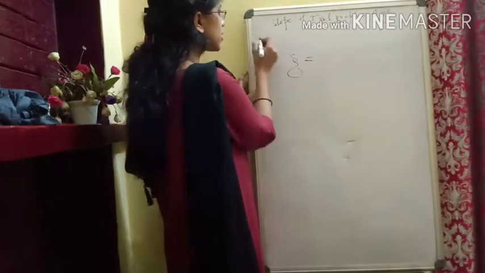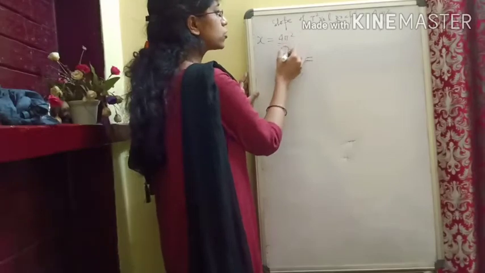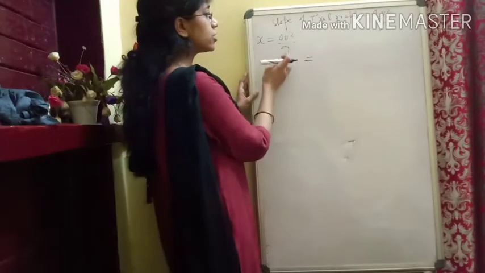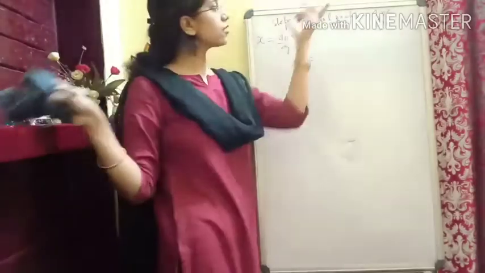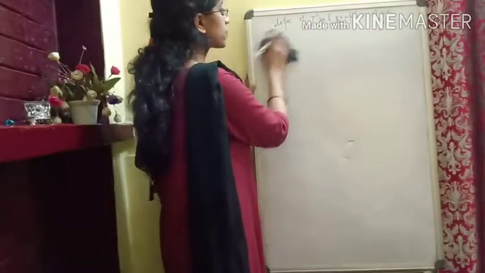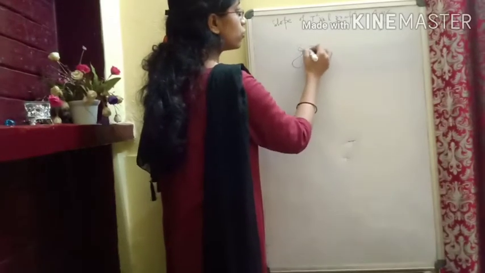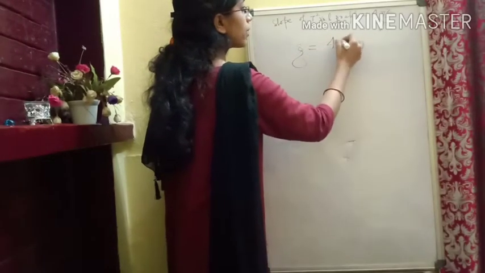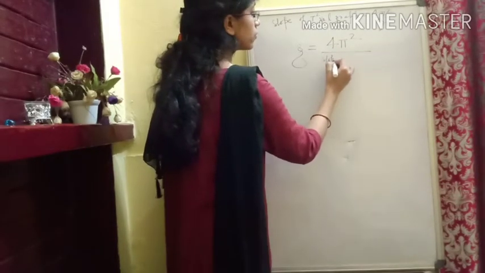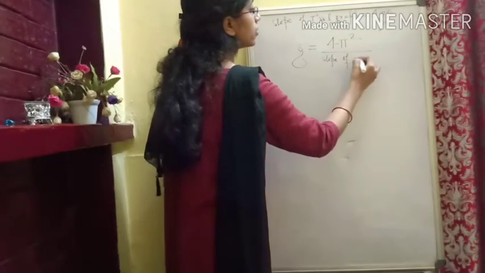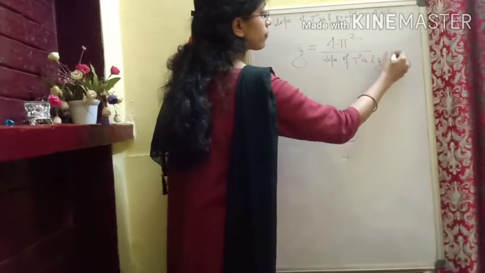It's simple: if x equals 4 pi square upon g, then g can come to the other side and we write x there. I'm taking the left-hand side as one quantity. So g equals 4 pi square upon the slope of the t square versus L graph.